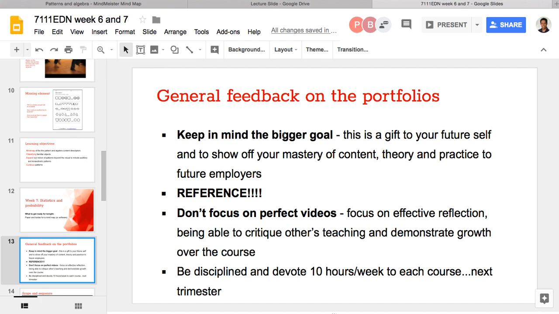Also, this is something from me. I want you to keep in mind the bigger picture, the bigger goal, in that what you are creating, okay, yes, we are marking it as educators, and yes, we want to give you a mark so that you can get a bit of paper at the end of this 1.5 years, but what's more important to me is that you actually survive your first few years of teaching, because the number of teachers who actually drop out of teaching within their first 5 years is absolutely scary.